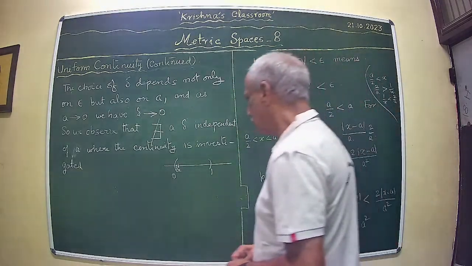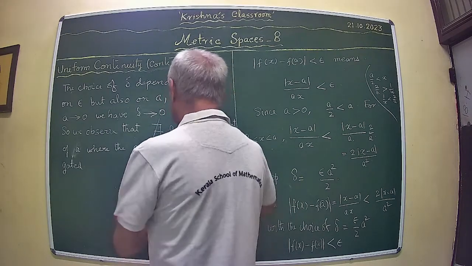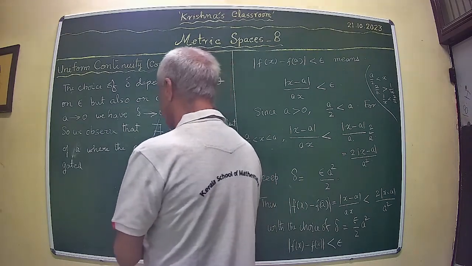And now what we have found is that for any choice of epsilon, you can have a corresponding delta.